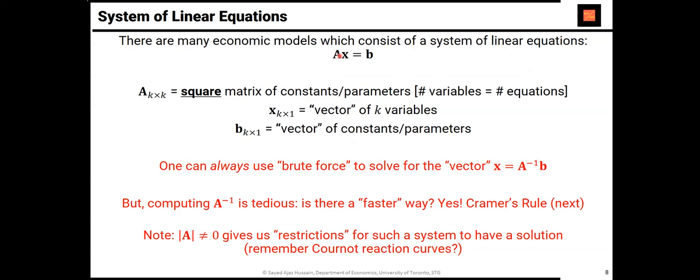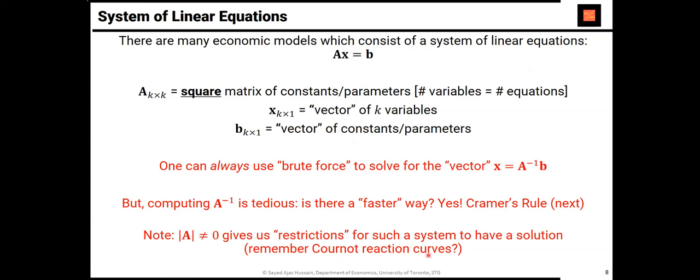Notice that you cannot find a solution for x unless the determinant of A exists, that is, is not 0. So sometimes, as you're about to see, saying that the determinant of the square matrix A is not 0 gives you some restrictions on parameters for such a system to have a solution.